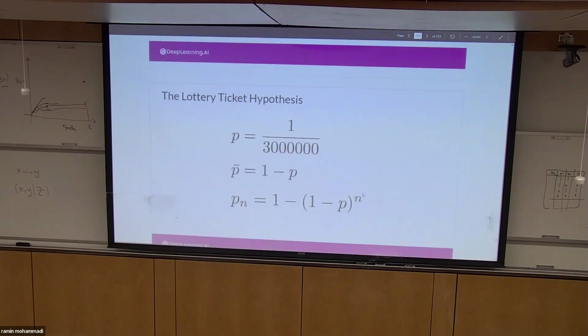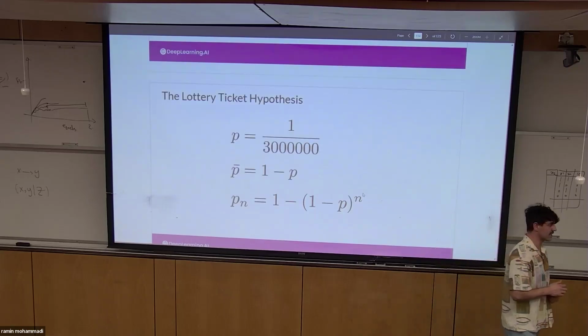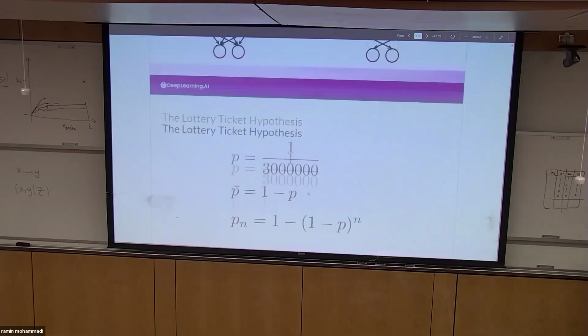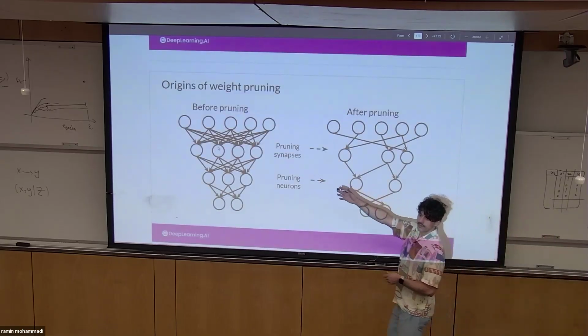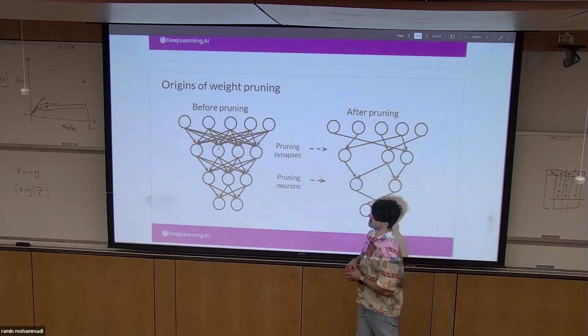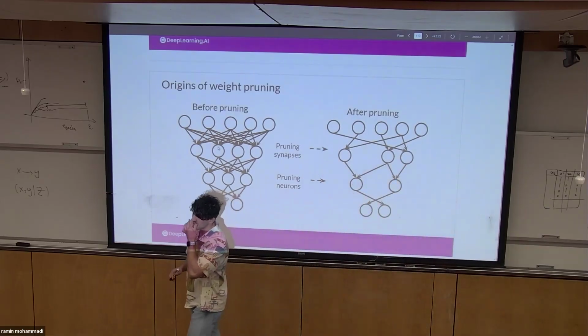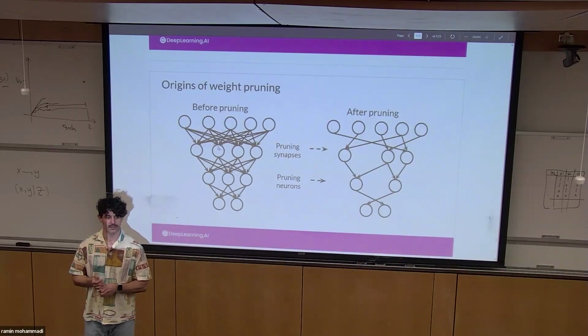There's this concept called the lottery ticket hypothesis. If you think about it, I have this model, and I prune it, and I reach this one, right? When you want to build a neural network, the first thing you do is random initialization, correct?